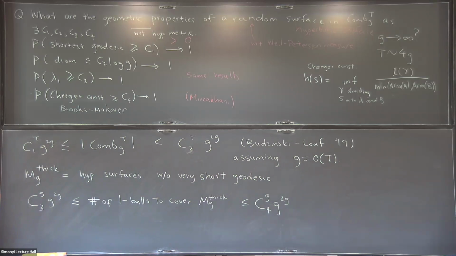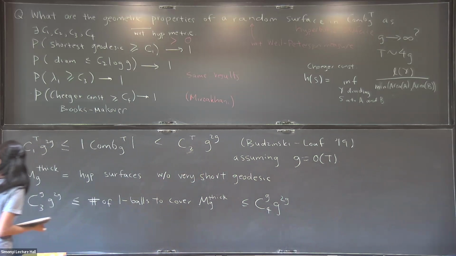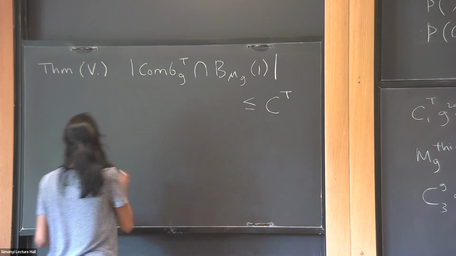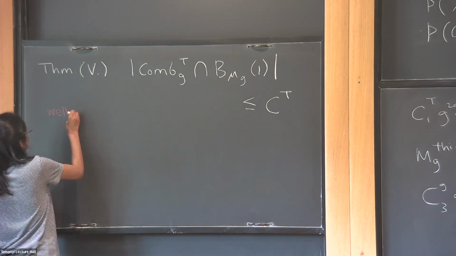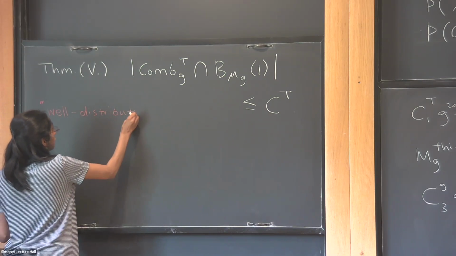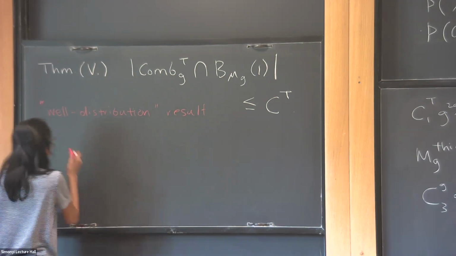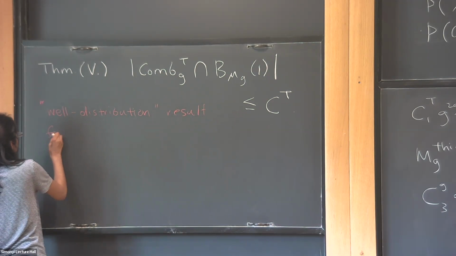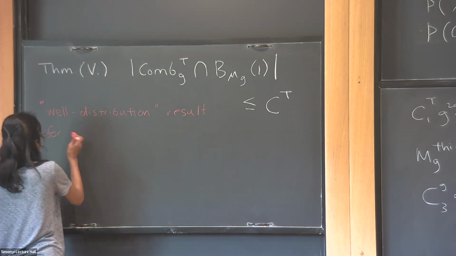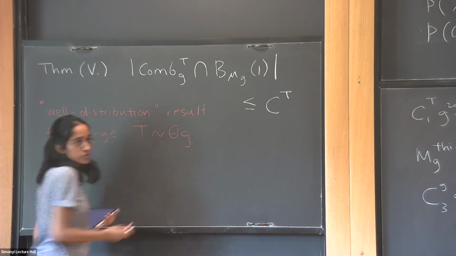The point is that in this range, where T grows proportionally to G, this is some sort of equidistribution result.